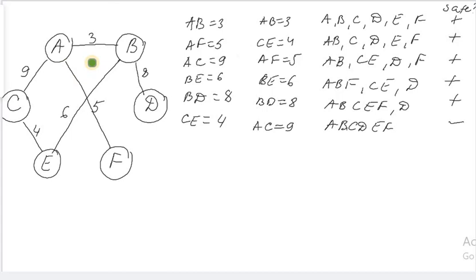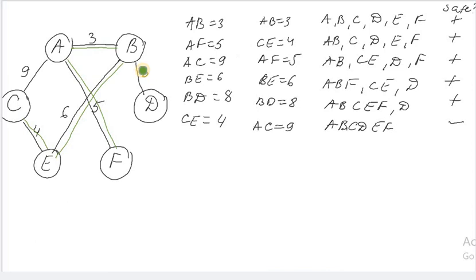But just to visually show you our spanning tree: everywhere where you have a plus sign, you can make a double edge. So here we will make double edge AB, and CE is also okay. So we make here double edge AF. And BE is also okay. So we do this.